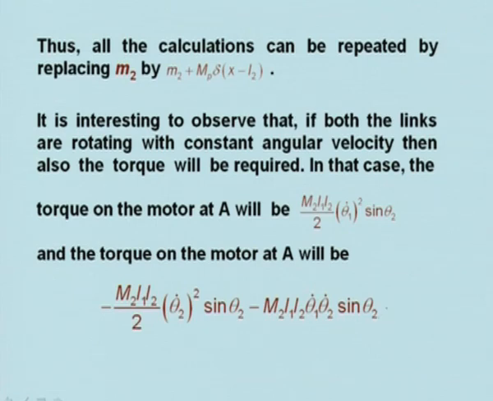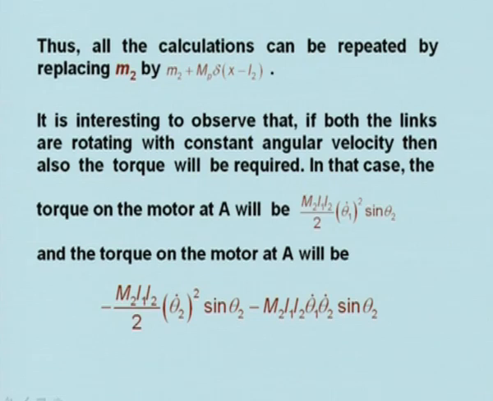So we see that although the links are moving with constant velocity, still that torque is required because of the second link. We take the torque in a non-inertial system.